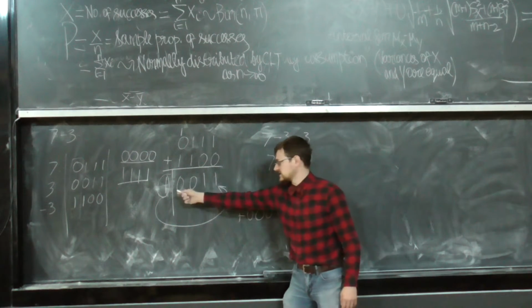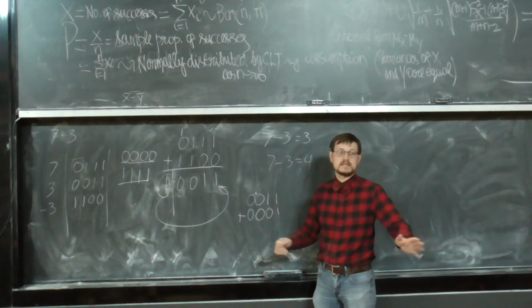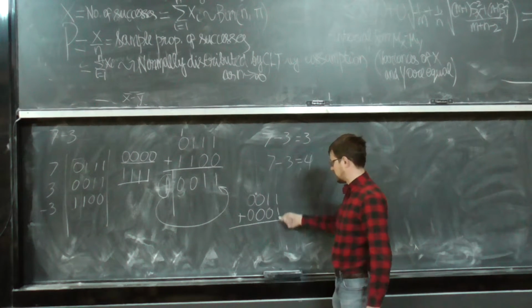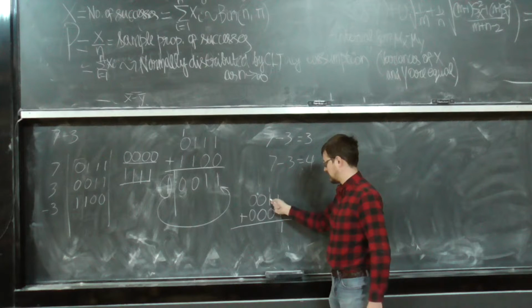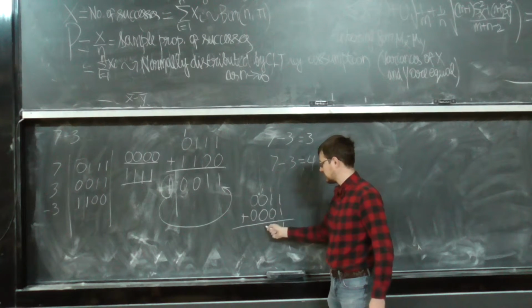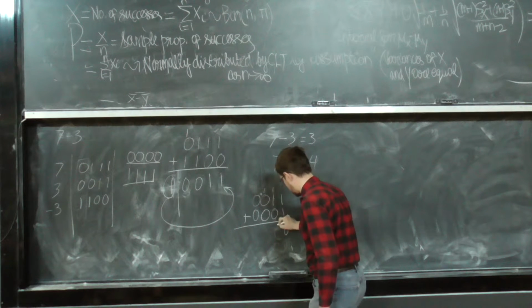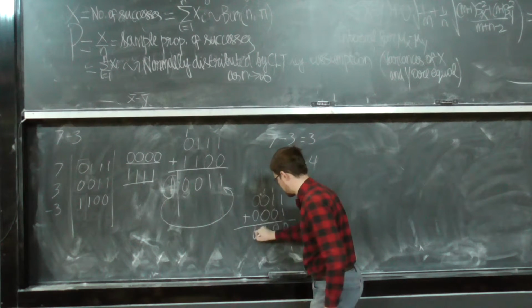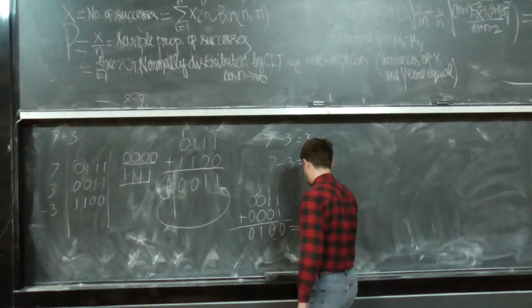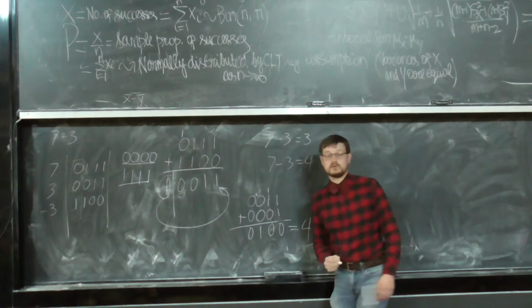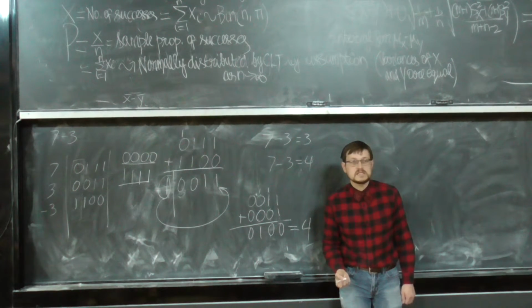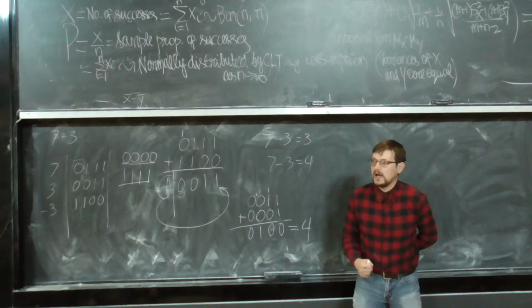If this is a 0, then you can put a 0 in here and it has the same effect. Sorry. That's 0, carry 1, 0, carry 1, 1, 0, which is equal to 4, which is equal to the correct answer. Make sense? Good.